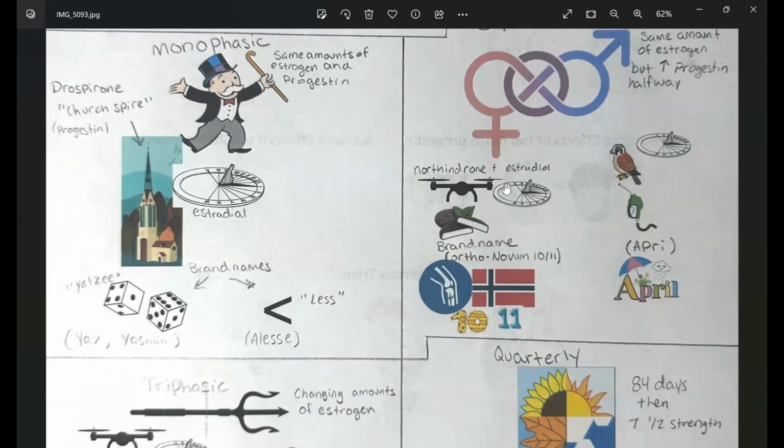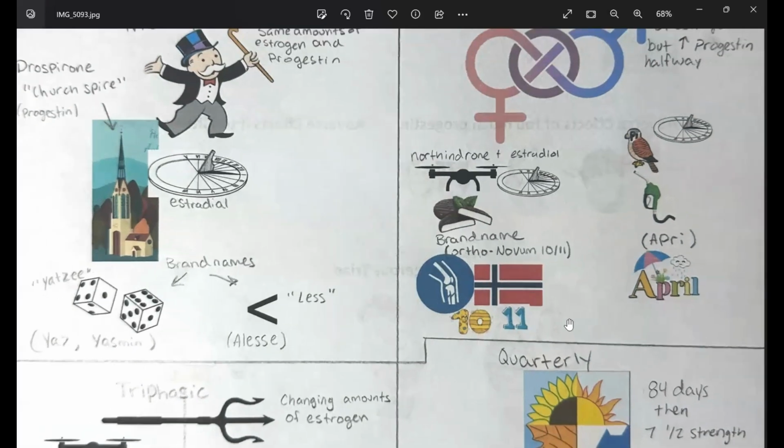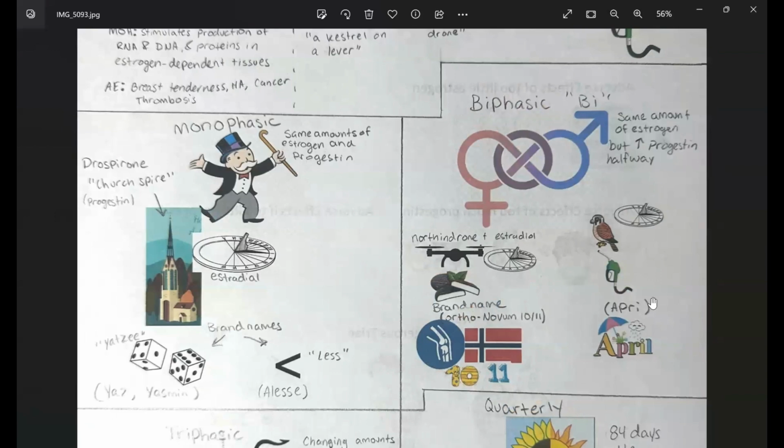To help you remember Ortho-Novum 10/11, we have this little symbol of ortho, like bones, MSK, orthopedics. And this is the Norwegian flag. I don't know, Norway, Novum, and then we have 10 and 11. Another brand name that is biphasic is Apri, and that's a combination of desogestrel and estradiol. I thought Apri looked like April.